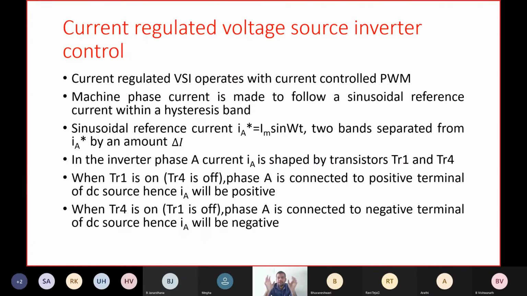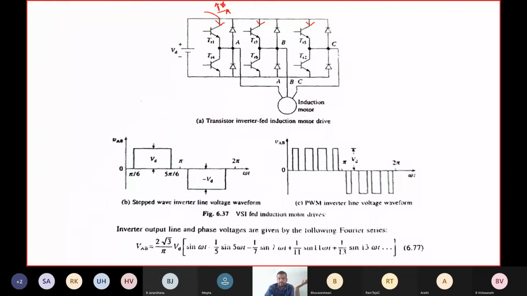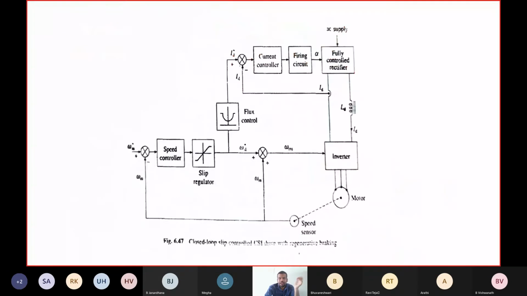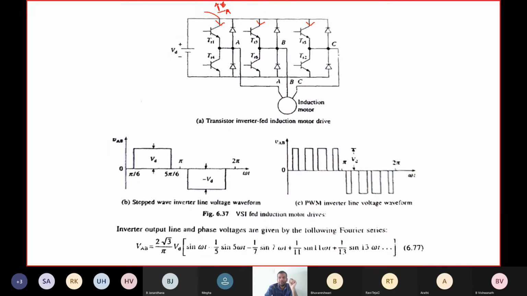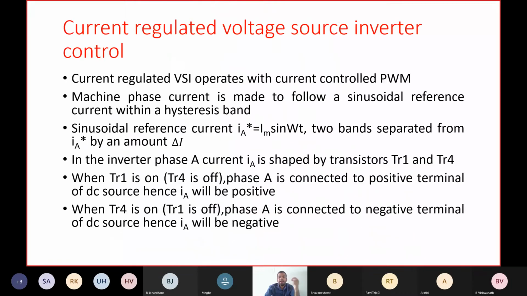When TR1 is on and TR4 is off, the terminal of phase A is connected to the positive terminal, and IA will be positive here.